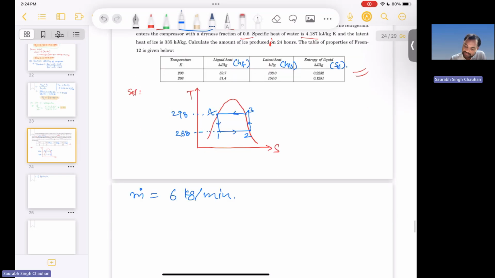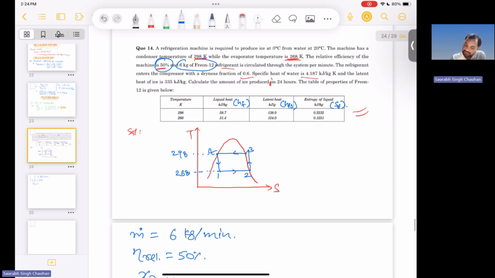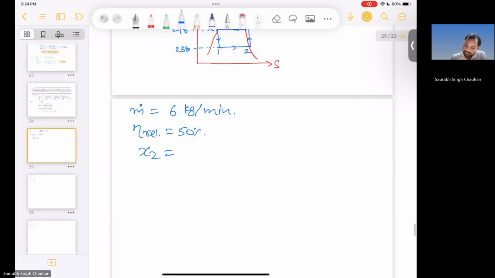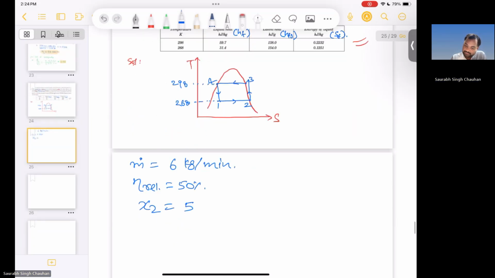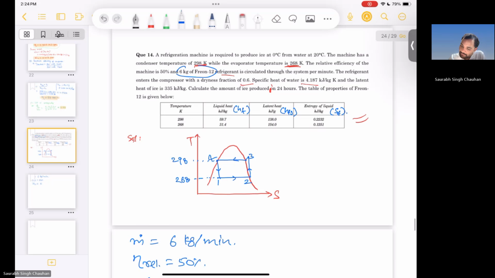Relative efficiency is given 50%. Dryness factor is given as 0.6.